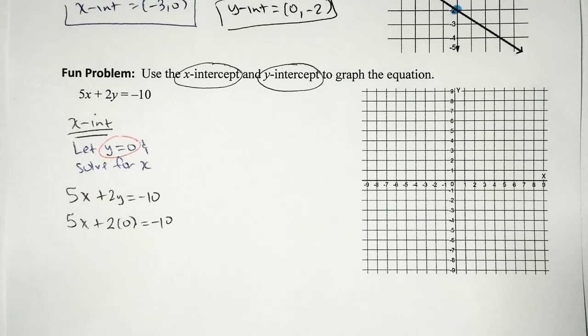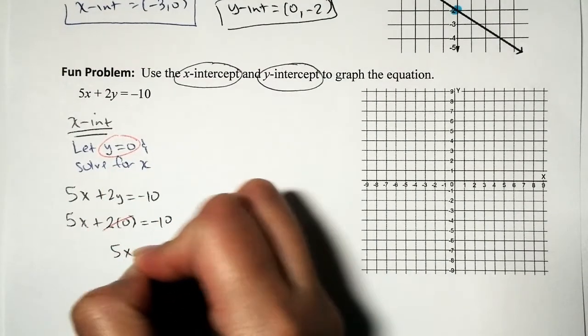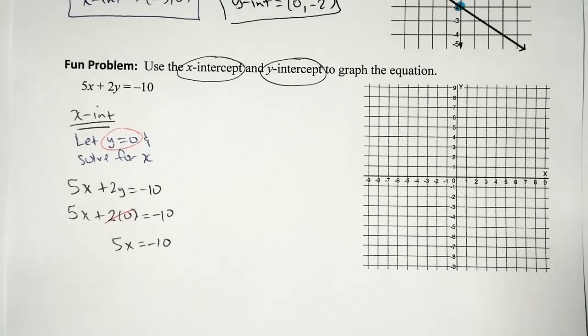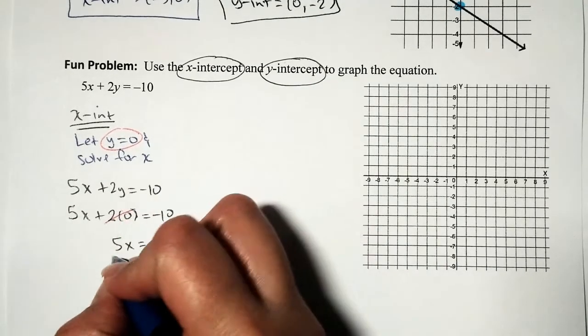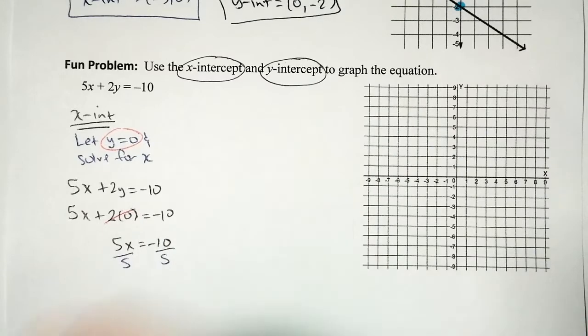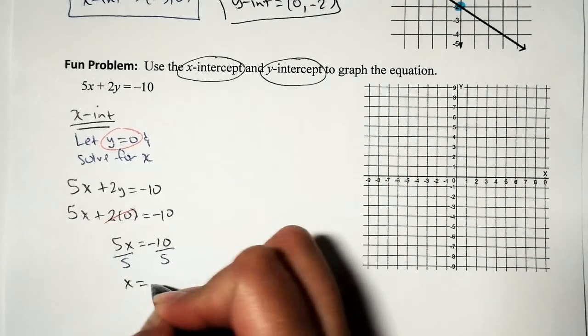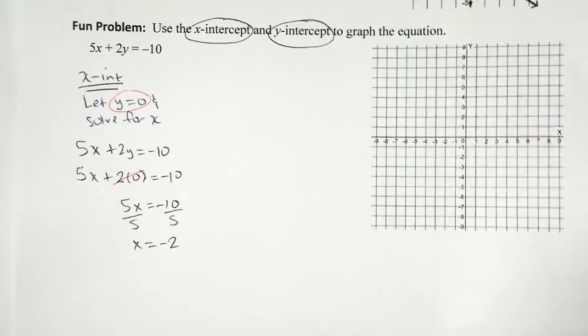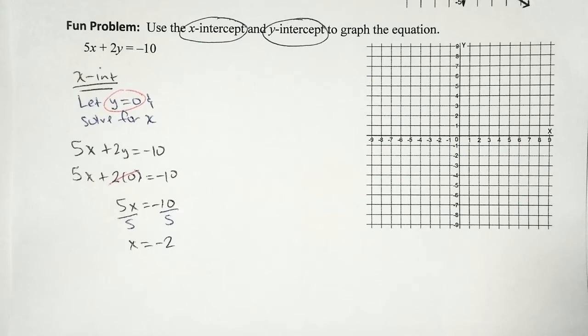The product of 2 and 0 is 0, and that will leave us with 5x is equal to negative 10. For the grand finale, to get rid of the times 5, let's divide both sides by 5. And that will give us x equals negative 2. Perfect. But when we write x equals negative 2, that doesn't translate that the x-intercept is at negative 2.